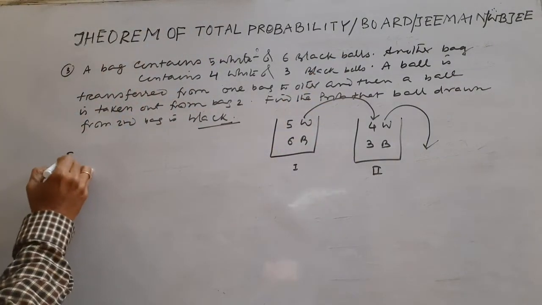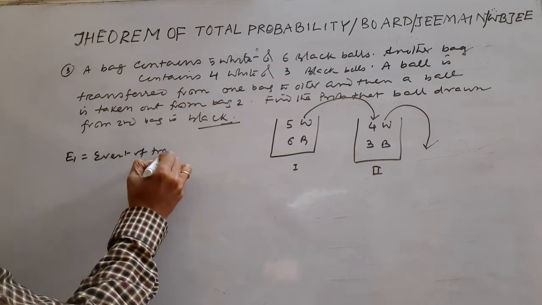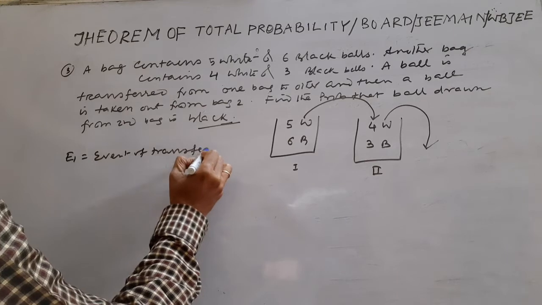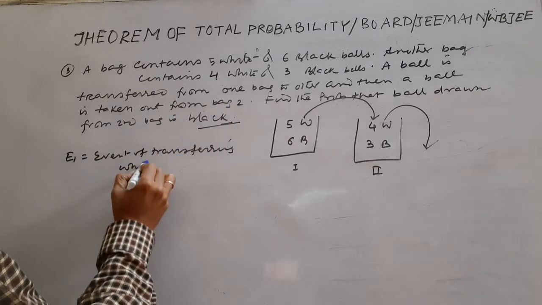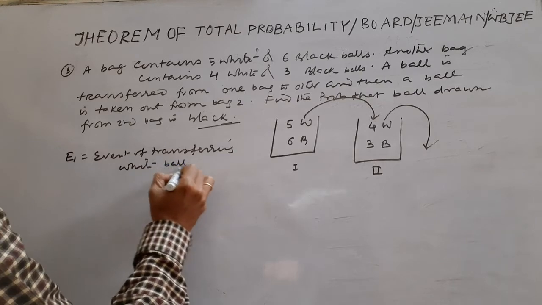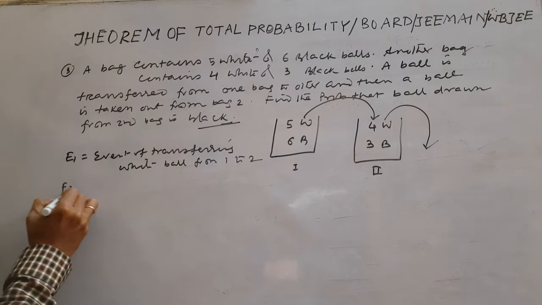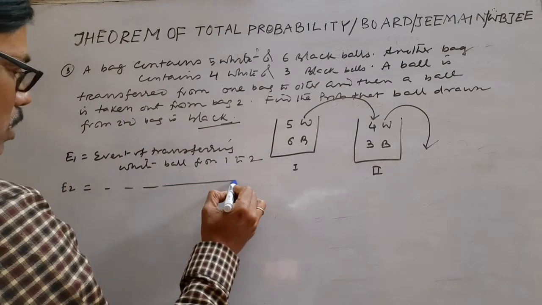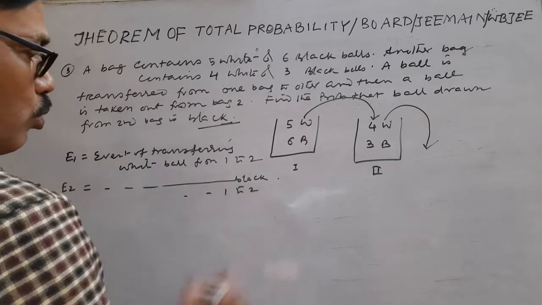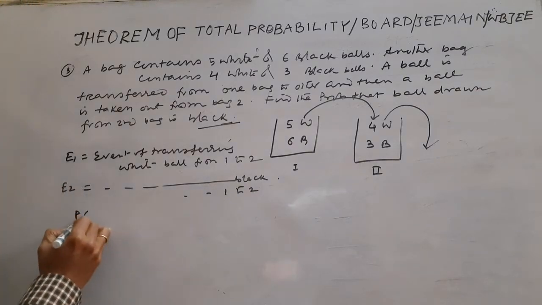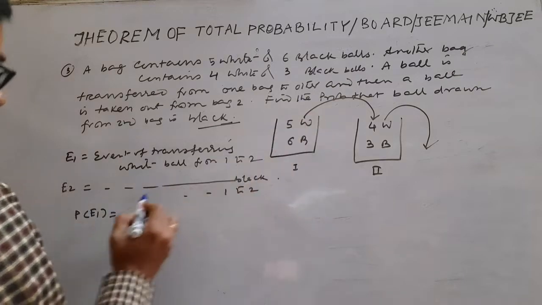So E1 equals event of transferring white ball from 1 to 2, and E2 event of transferring black ball from 1 to 2. So obviously PE1. How many white balls? 5 white balls.